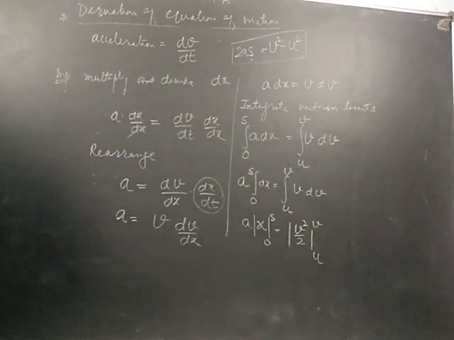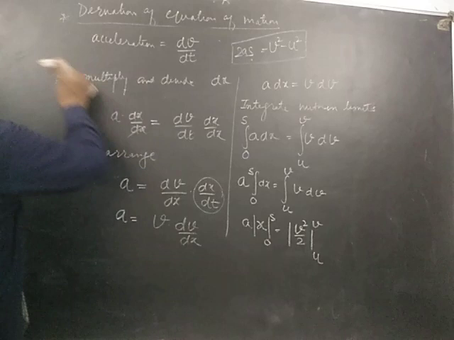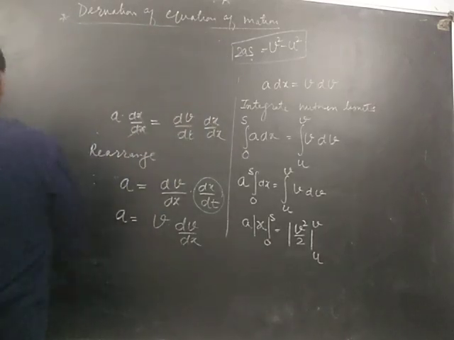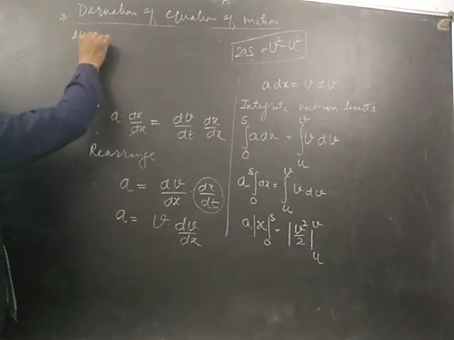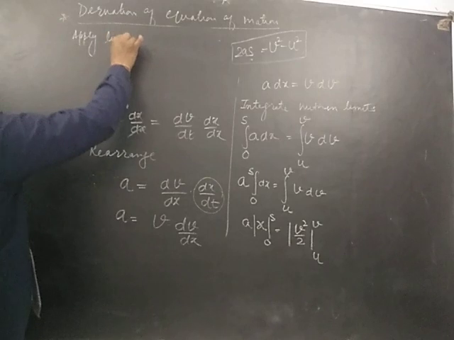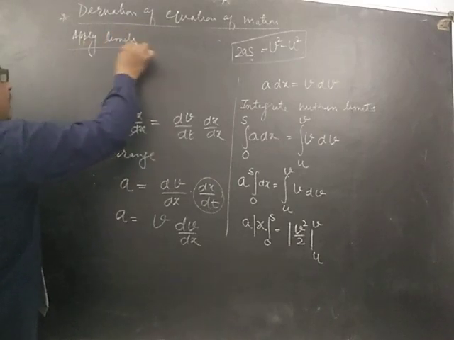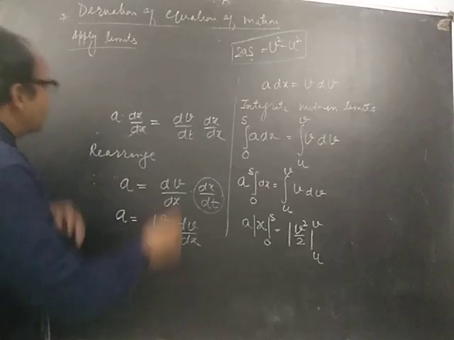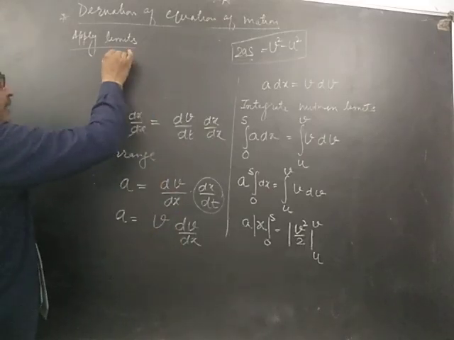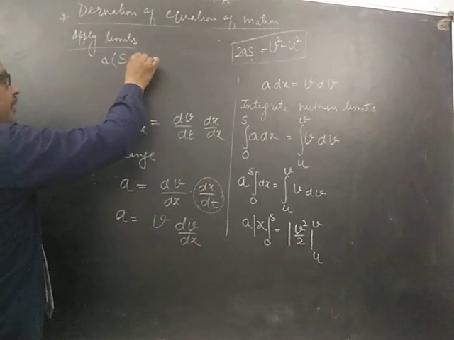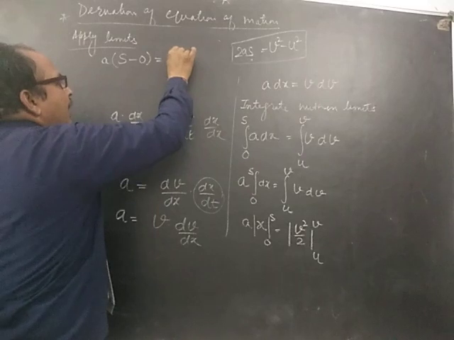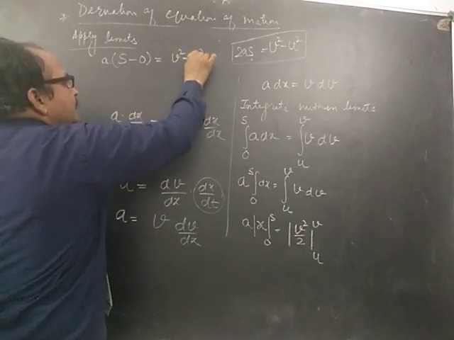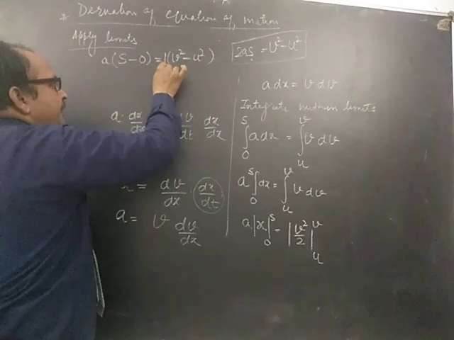And finally what we will do? Finally we will apply the limits. And once you apply the limits, what you will get? A into upper limit minus lower limit is equal to upper limit minus lower limit.